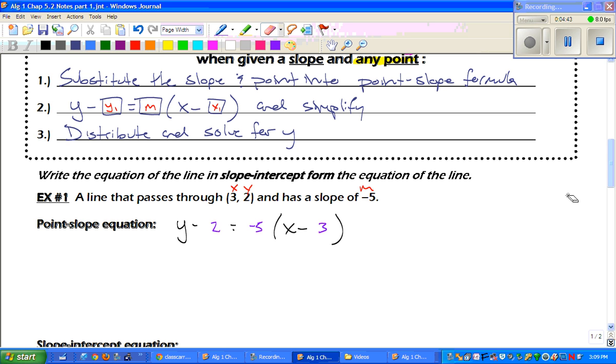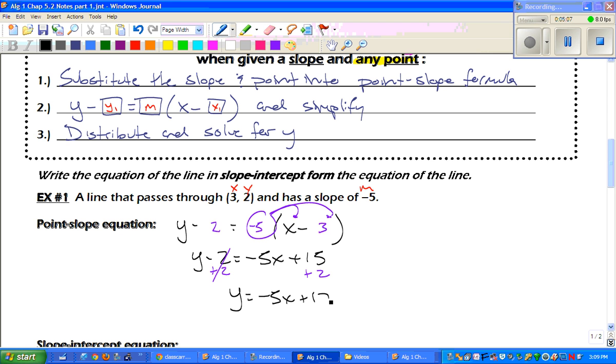With this, there's no real simplifying that we have to do, so we can go ahead and start to solve. The first step for that is to distribute. Now solve for y, which means we want to get the y by itself, and we get y equals negative 5x plus 17.